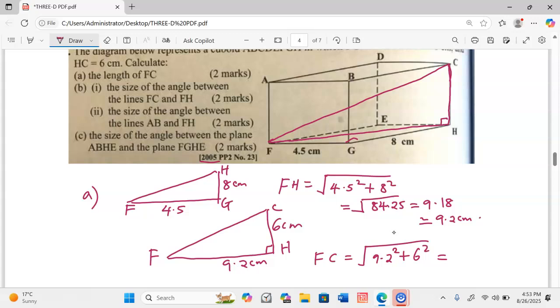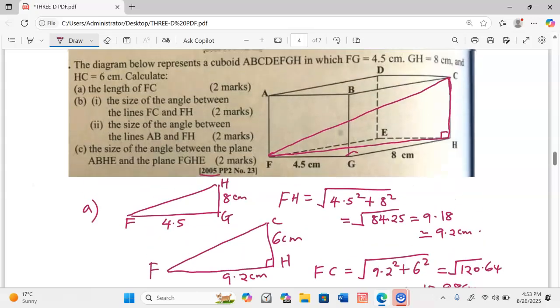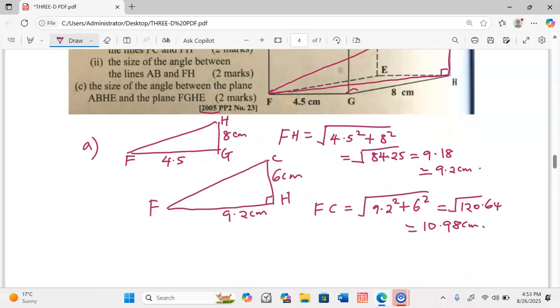If you take 9.2 squared plus 6 squared, this will give us the square root of 120.64, and the square root of 120.64 will give us 10.98. This will give us 10.98 centimeters as the answer to part A of the question.